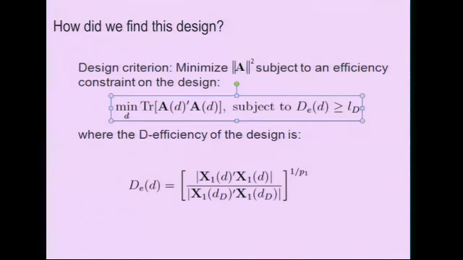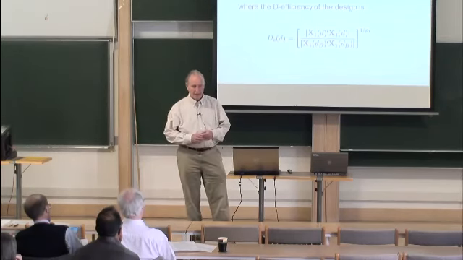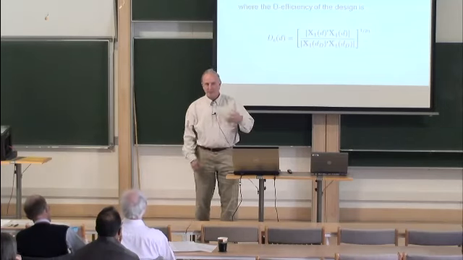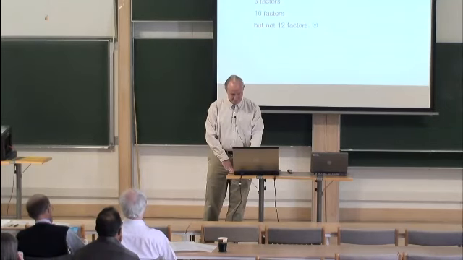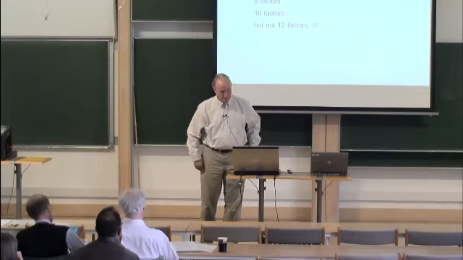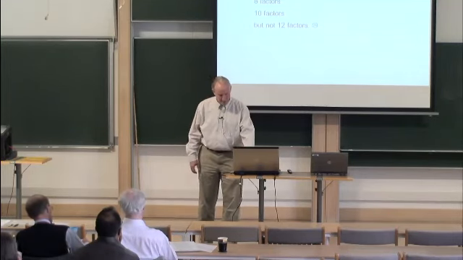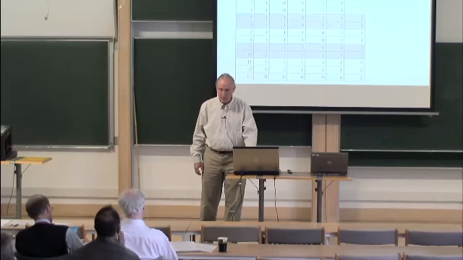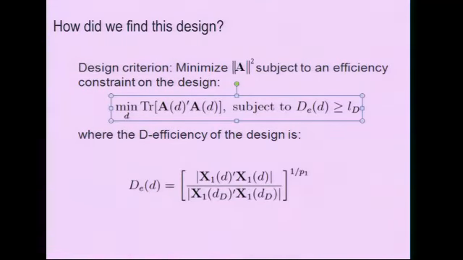And of course, this is minimizing a bias criterion subject to a constraint on a variance criterion. You could make the variance criterion be some other variance criterion if you wanted. And we got the design here as a result of that algorithmic search.